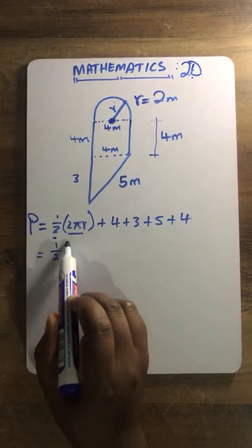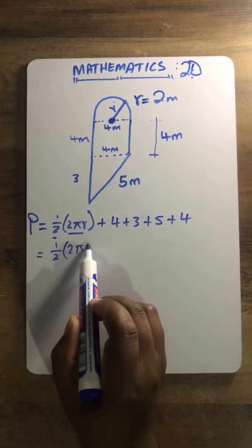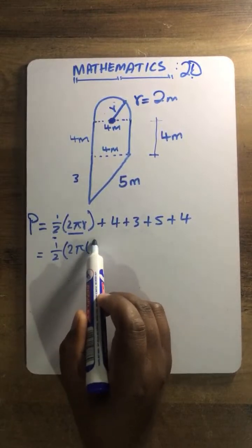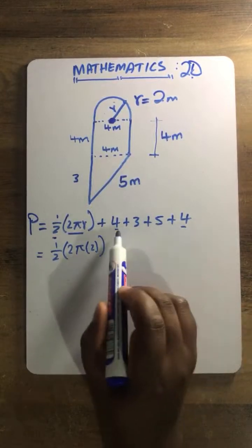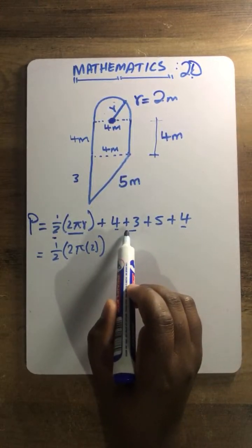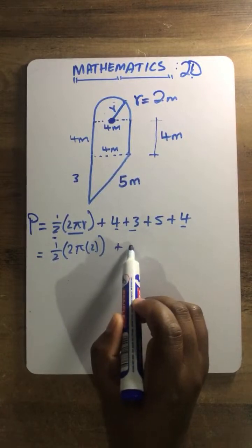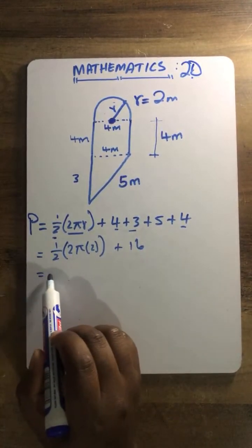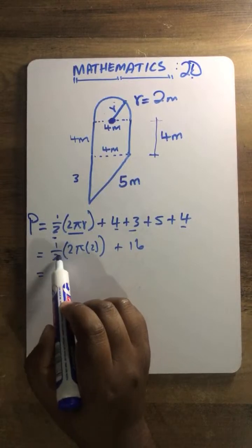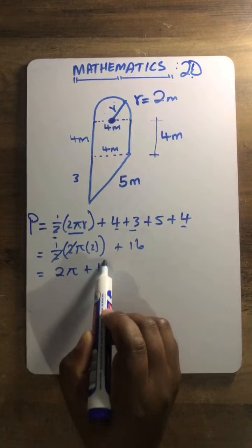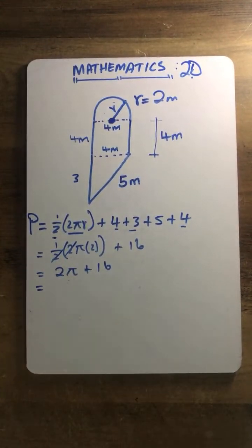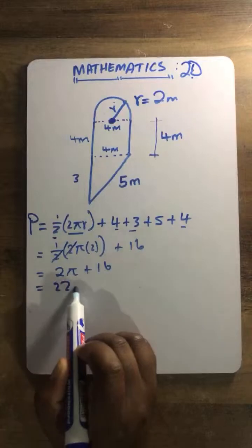So that means we have half of 2 pi times the radius, which is 2. What is 4 plus 4? It is 8, plus 3 is 11, plus 5 is 16. So you can see that the half cancels with that. It's like you have 2 pi plus 16, which is, yes, 22.